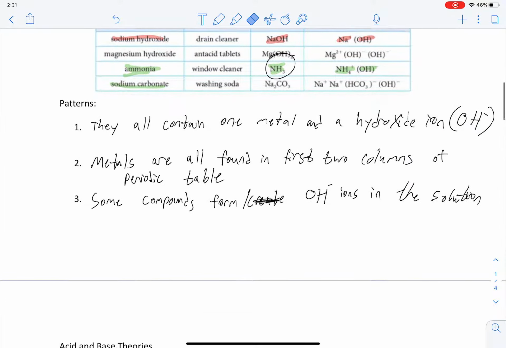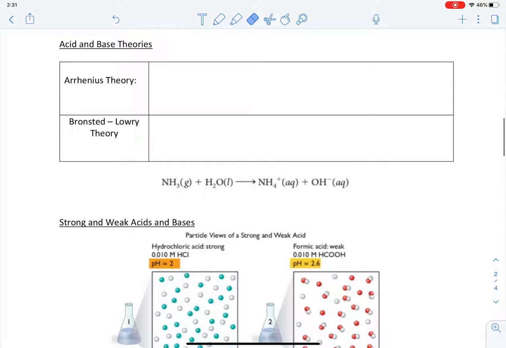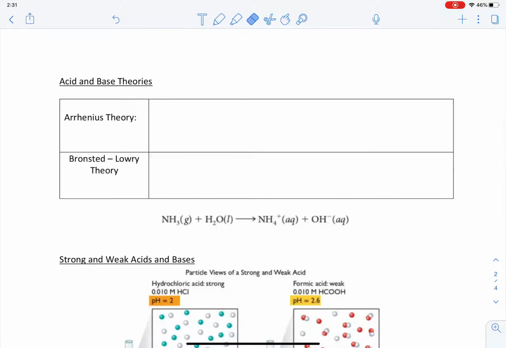Okay. So that leads us to our two theories for acids and bases. The first one is called the Arrhenius theory of acids and bases, and we're just going to run through these. He defined acids as a substance that adds hydrogen ions to a solution.